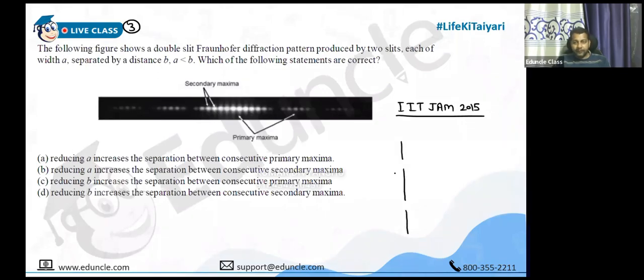Okay. So width is a, width is a, this is b.